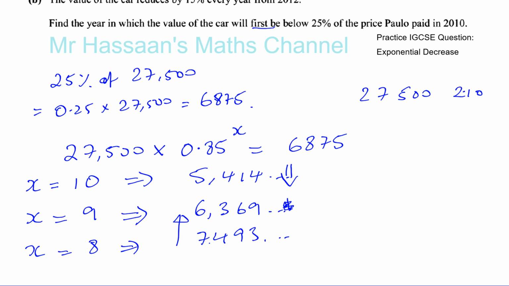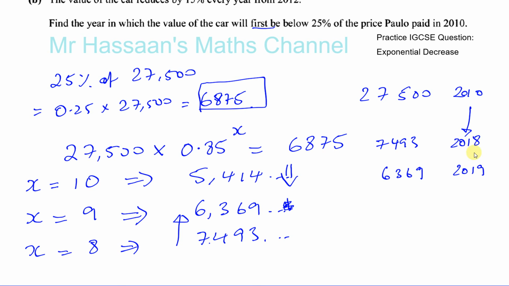After 8 years, the beginning of the 8th year, that's 2018, its value was 7,493, and at the beginning of the 9th year, its value was 6,369. So the first time its value dropped below 6,875 was in the year 2018.